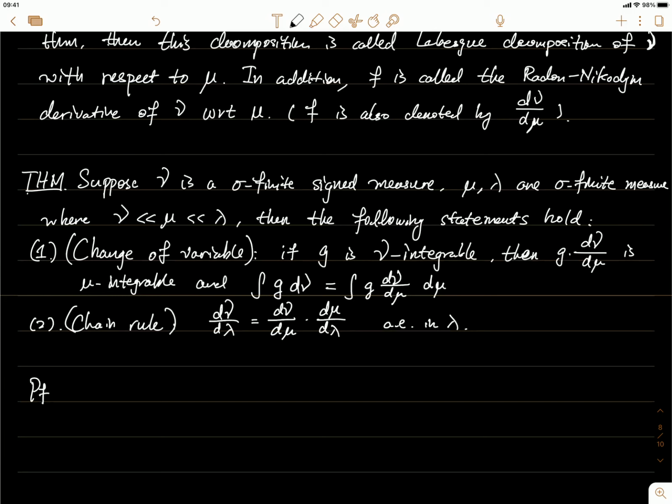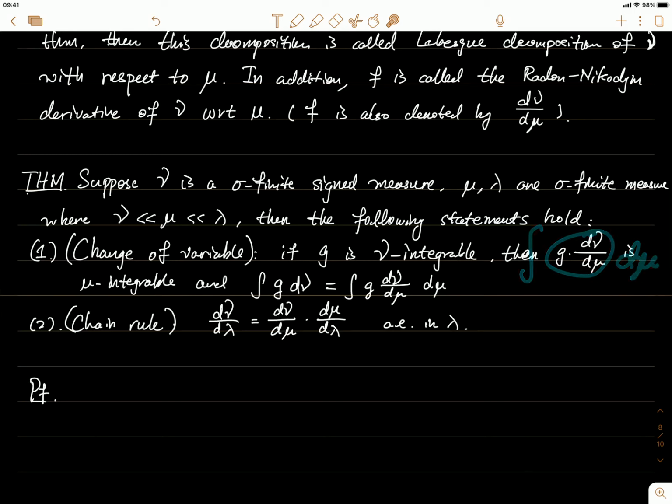Okay, let's give a proof for this. First, let me finish the explanation for the change of variable. For any nu integrable function g, we treat g times the Radon-Nikodym derivative as a whole. This is a mu integrable function, and we take the integral of it with respect to mu.